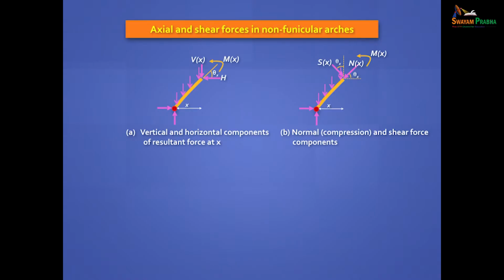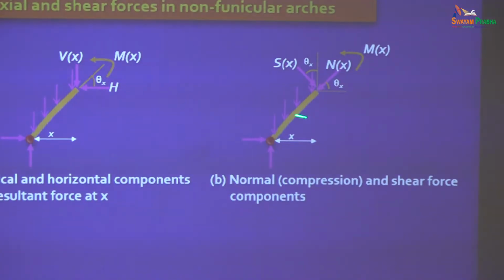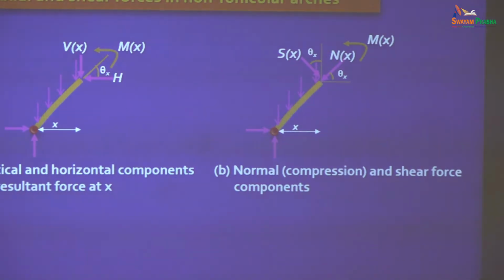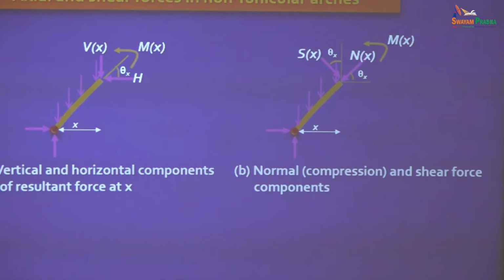This coordinate system with this slope theta x can be changed to a coordinate system where I resolve V and H in terms of N and S. N is the normal compression and S is the shear force. Are you getting it? Well, finally you have to design for this. You can't design for this. This is good in structural analysis but not very useful in structural design.